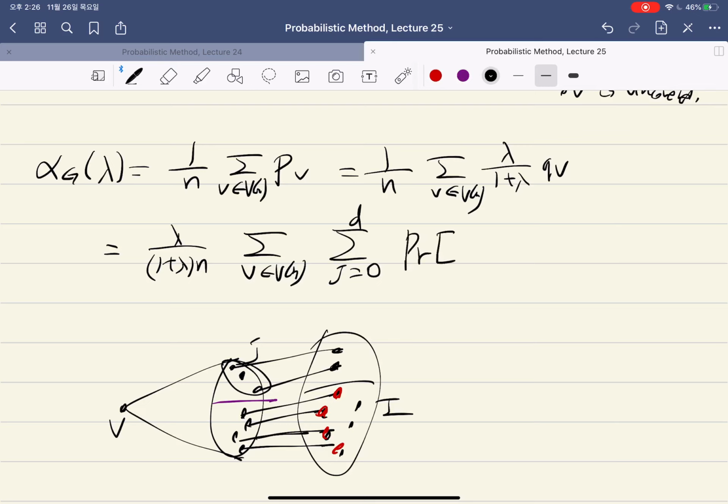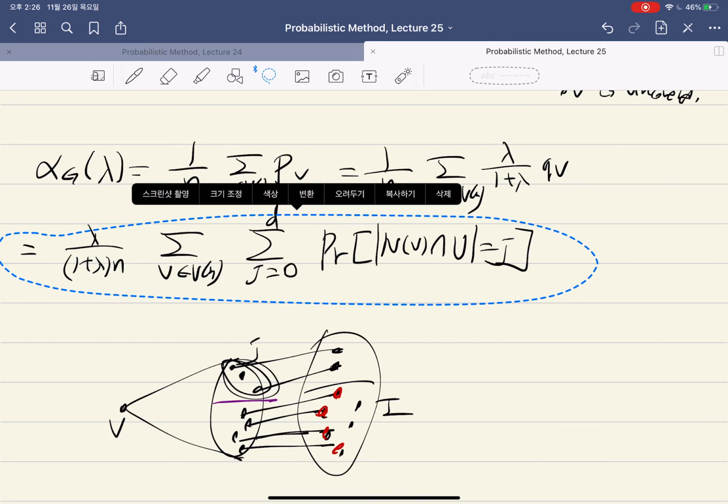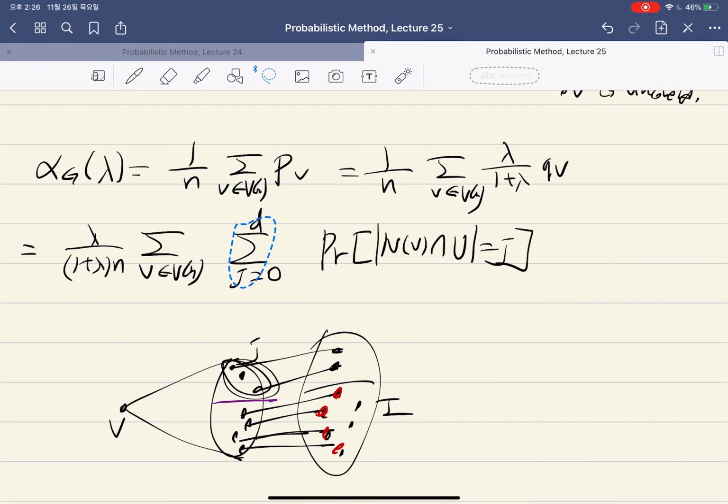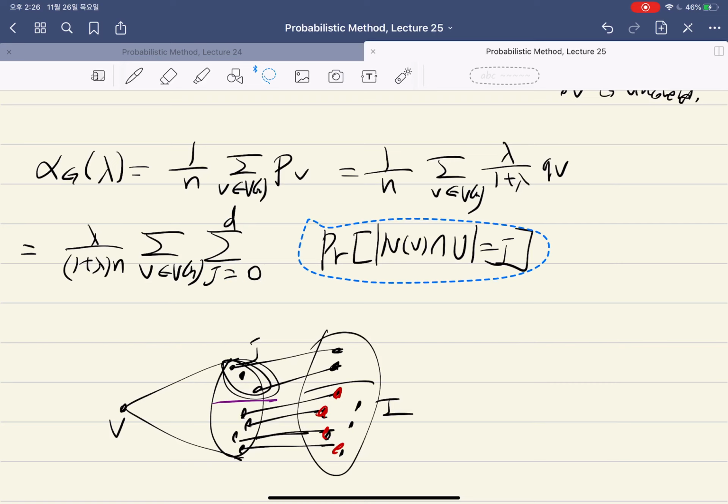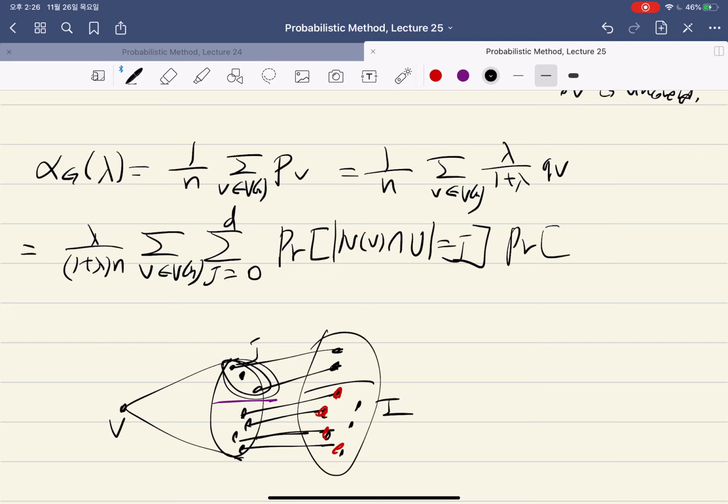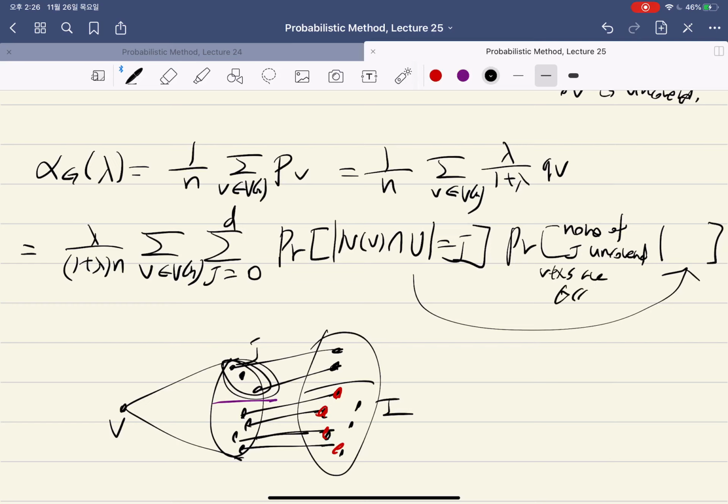The probability that exactly j of them are uncovered, and the probability that, assuming this, none of the j uncovered vertices are occupied.